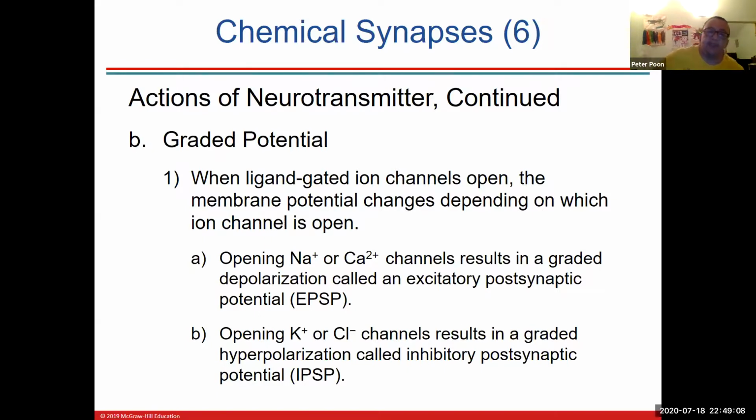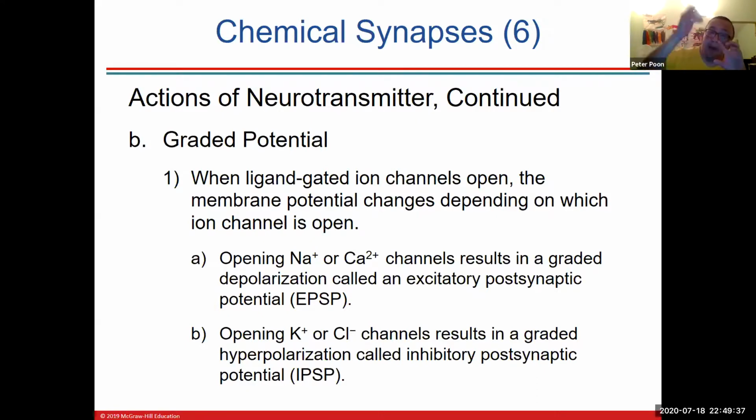When the ligand-gated ion channels open, the membrane potential changes depending on which channel is open. I can open a sodium channel or a calcium channel, and that results in an excitatory postsynaptic potential, or EPSP.